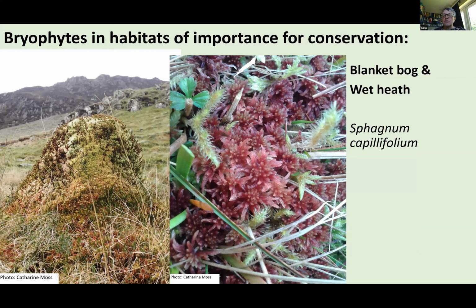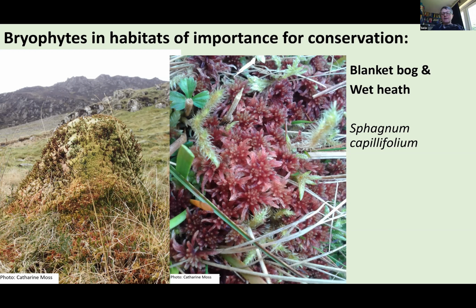It's very distinctive. It's much smaller than papillosum, very much smaller. It has this lovely red color and a very dainty appearance, much daintier than Sphagnum papillosum. But again, it creates peat by storing water and growing slowly higher and higher, and creating these hummocks.